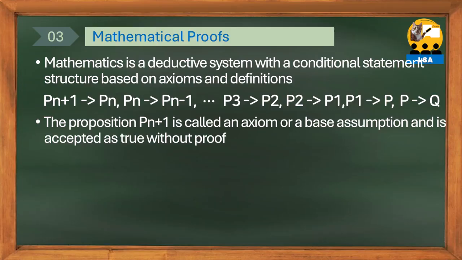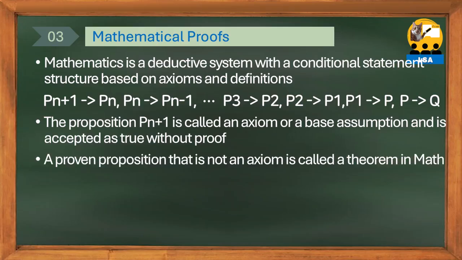Since the deductive structure is if P_{n+1} then P_n, if P_{n+1} is true, all propositions down to Q become true according to the deductive structure. Do you understand? In mathematics, a proposition proven after the base assumption is called a theorem.